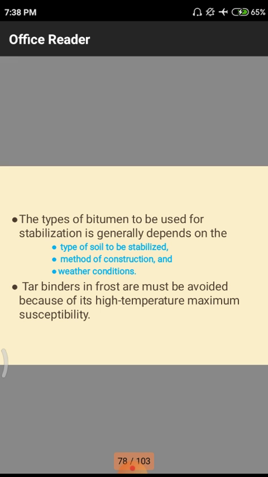If it is a lower temperature, we can employ bitumen stabilization in the field. Why? Because of the material property: the material is very solid at low temperatures and converts into liquid at high temperatures. So we have to observe the temperature conditions of the soil, and then go for employing this method of stabilization.